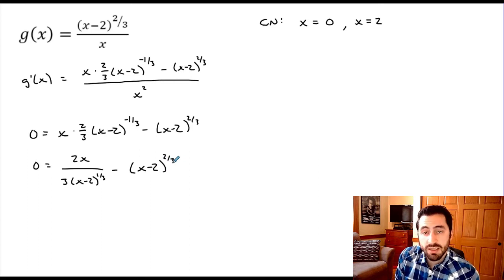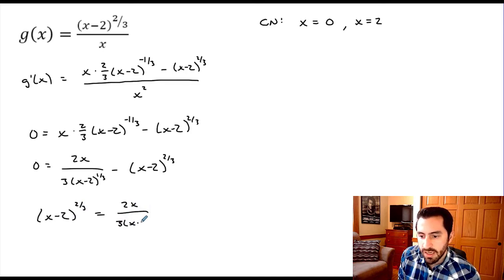I'm going to take the second term and add that to both sides of my equation. So that gives me (x minus 2) to the 2/3 is equal to 2x over 3 times (x minus 2) to the 1/3.